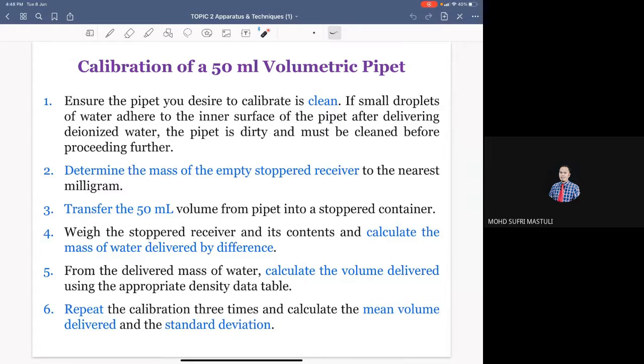From the delivered mass of water, we calculate the volume delivered using a density table. We repeat the calibration at least 3 times, and then we average the volume delivered and obtain the standard deviation.